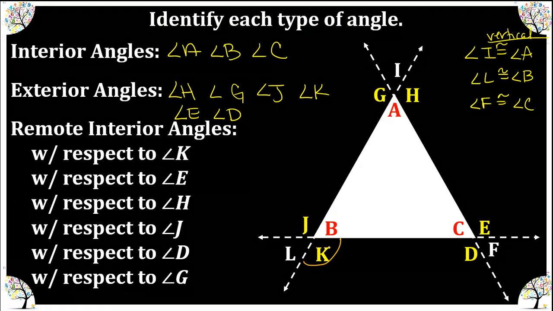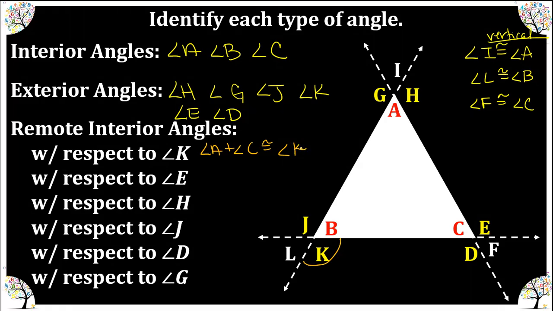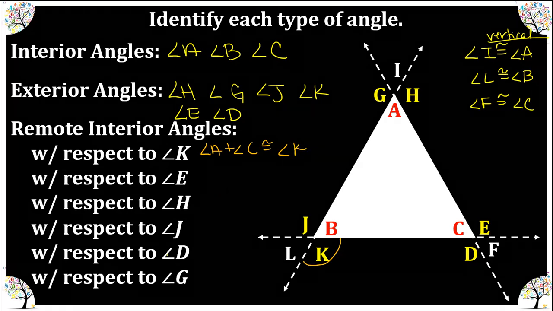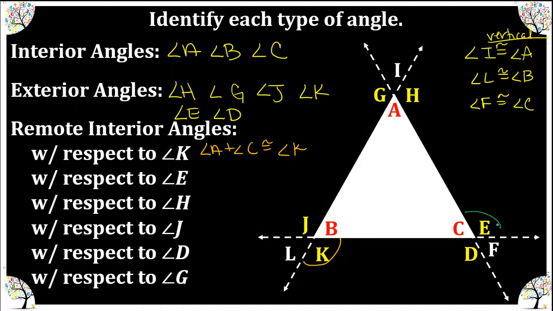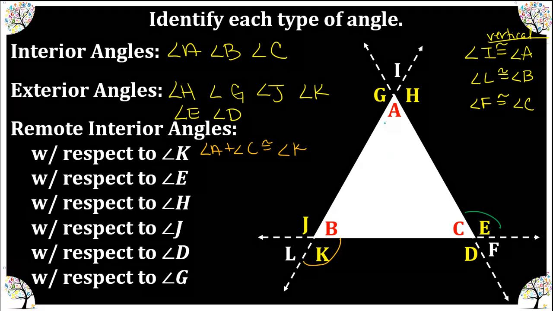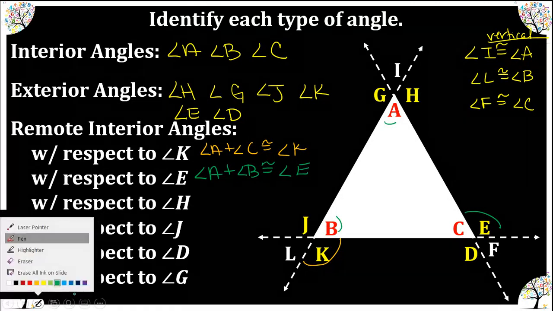The two angles that have the greatest distance from K on the inside are A and C. Therefore, angle A and angle C are the remote, and they equal the exterior angle K. Now let's look at angle E. The two interior angles with the greatest distance are A and B. So angle A and angle B added together gives me the exterior angle E. A and B are the remote interior angles with respect to E.